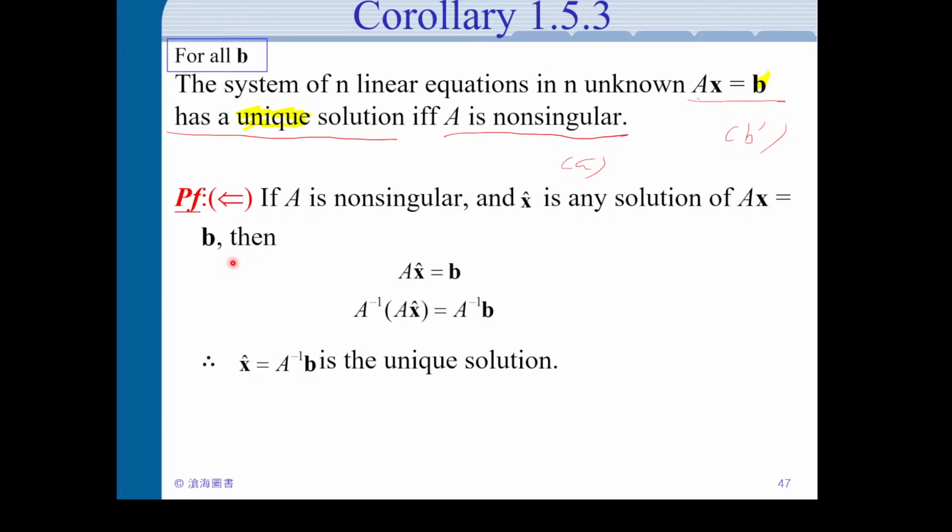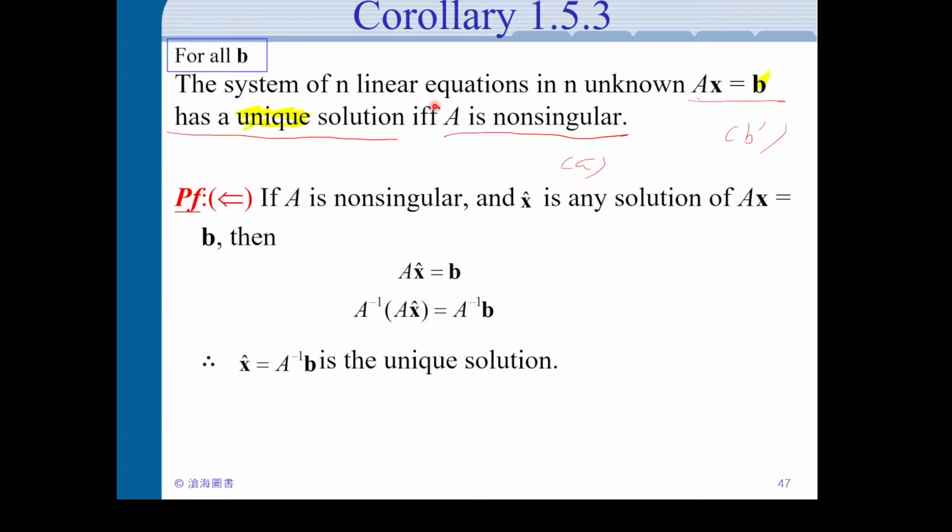Okay, and we translate it in terms of the linear system Ax = b, and we see that this 1.5.2 translates to that A is non-singular if and only if Ax = b has a unique solution.